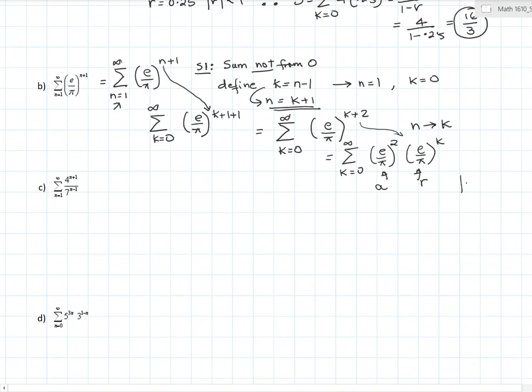Okay, so now absolute value of r is basically absolute value of e over pi, and that is less than 1. We all know the value e divided by pi would be less than 1.